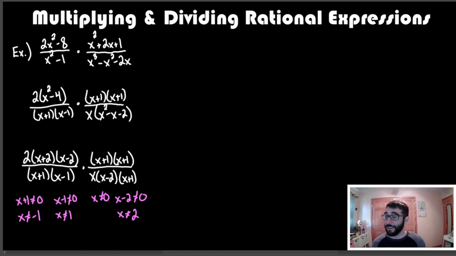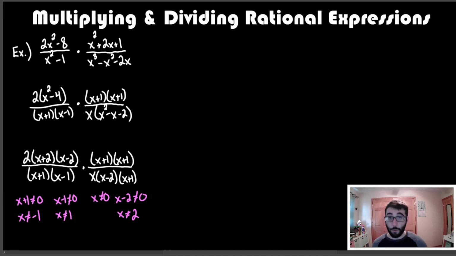Because if x is, say, like -1, for example, or 2 or 0, then that actually makes one or both of our denominators equal to 0, which we cannot have. So x can't be -1 from this factor, x can't be 1 from this one, x cannot be 0 from that factor, x cannot be 2 from here. And I actually already have x plus 1 listed from over here, so I don't need to list that again. So those are going to be my 4 domain restrictions.